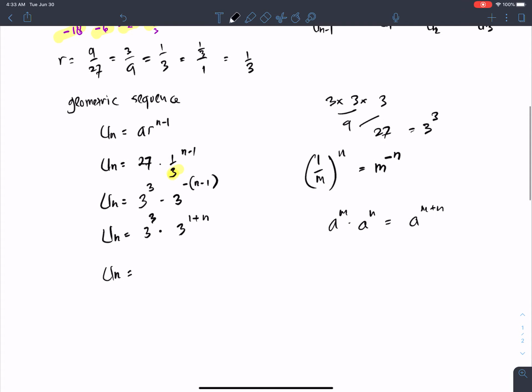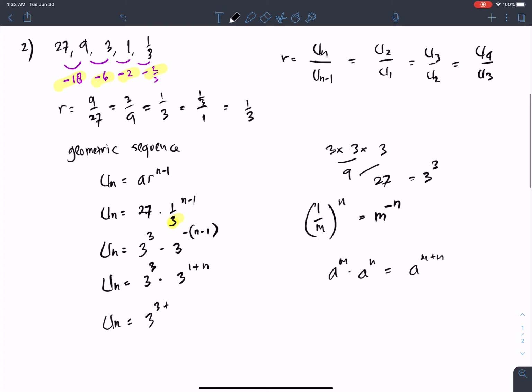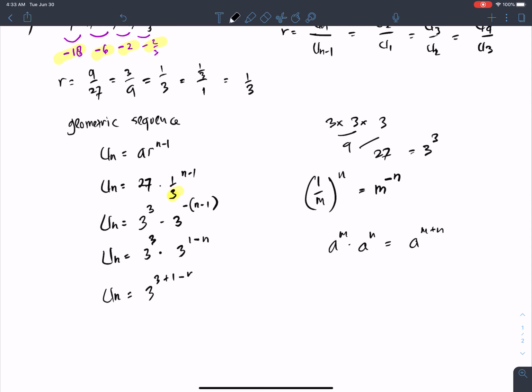So over here we continue and get 3 to the power of 3 plus 1. Sorry, this one is supposed to be not plus but minus n. So un is 3 to the power of 4 minus n. Oops, sorry, the power should be on the top, not below. Okay, so we got this one.